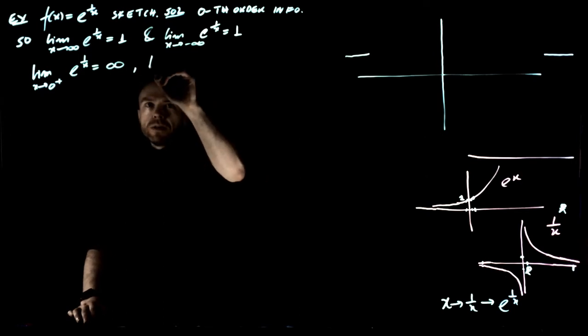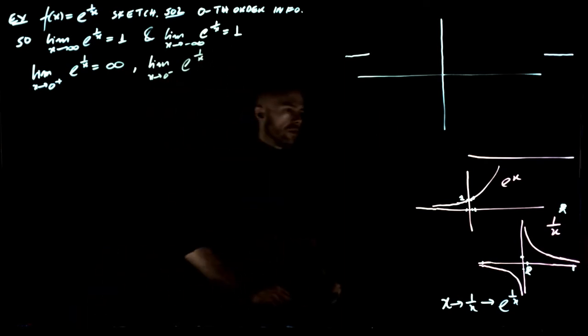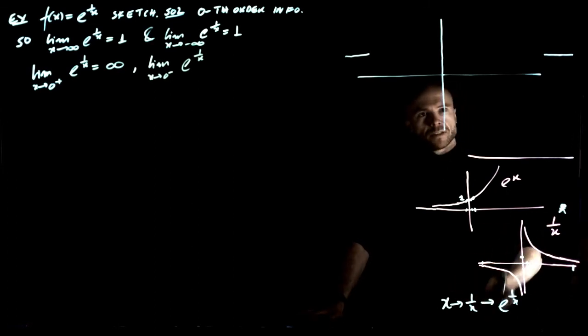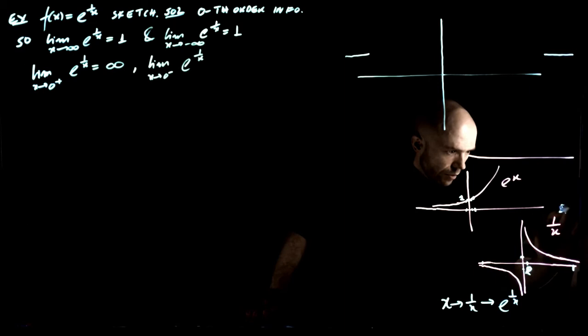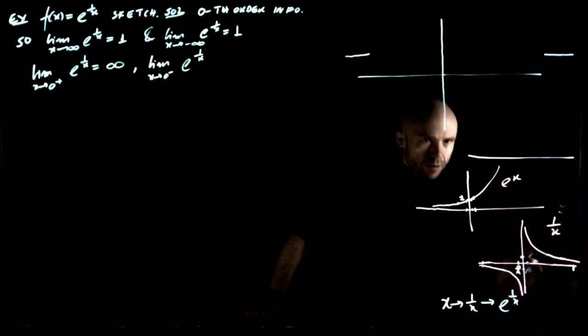The other guy, when we take from the other side, it's a bit more subtle. So the limit of e to the 1 over x as we approach 0 from the other side: 1 over x is taking us closer and closer to negative infinity. So let's rub off this guy because we're not going in that direction anymore. Suppose we are here, approaching 0 from the left-hand side.